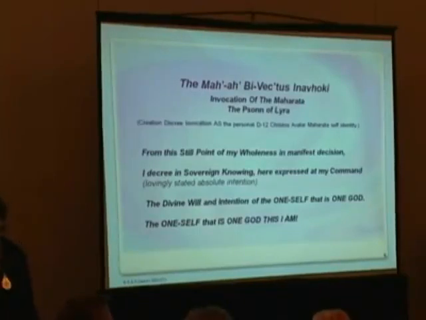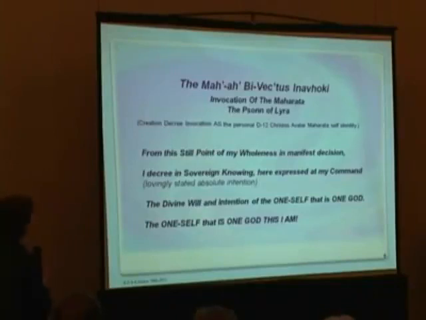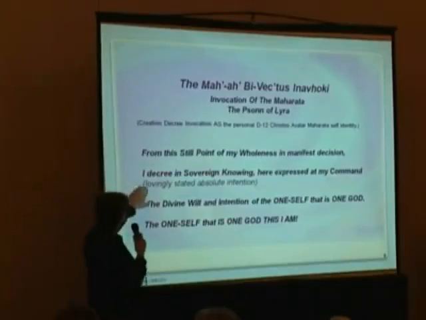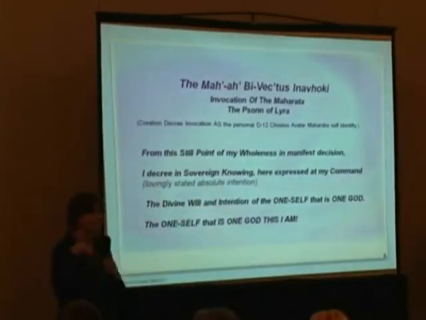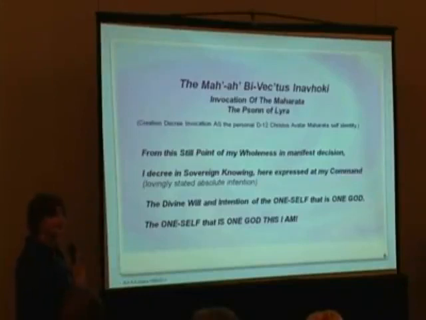Okay, are you familiar with the Song of Lyra? Okay. All right, so this is the creation decree. Invocation is the personal D12 Christos Avatar Maharata self-identity. So we're going to say this, and I actually like to say lovingly stated absolute intention as a reminder to myself that I'm not just doing this by rote, that I'm actually calling in my Christos self. So if we can do that on 3, everybody say that.